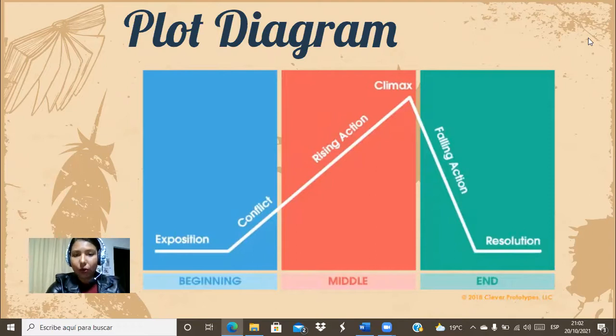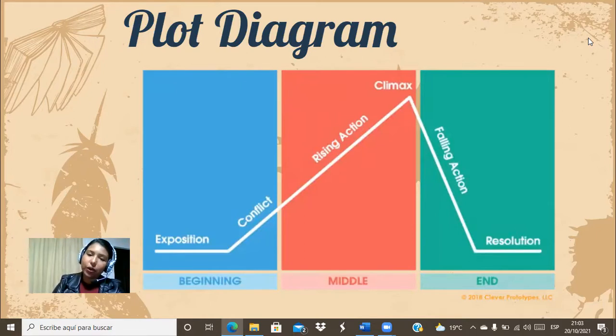As you can see in the bottom of the diagram, we have the first stage that is beginning, then we have middle, and then the end. Okay, and then we have the rest of the components. The first one is exposition, then conflict, then rising action, next climax, falling action, and at the end we have the resolution.